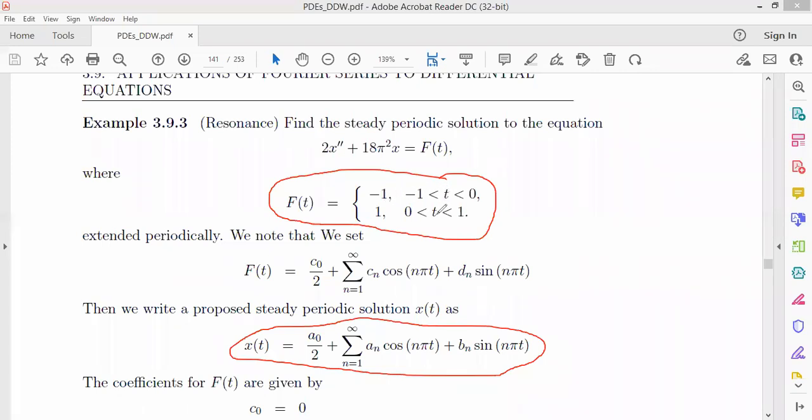We can get a Fourier series expansion of this piecewise function, f big. It is -1 between -1 and 0, and it is 1 between 0 and 1. Since we have already derived the formulas for determining those Fourier coefficients, you can find A0, An, and Bn of this piecewise function here.